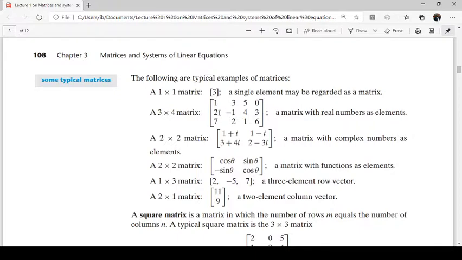This is a 3 by 4 matrix, and this type we also call a real matrix because the entries, the elements, are real numbers. This is a 2 by 2 matrix, but we call this one a matrix with complex numbers. This is also a matrix with functions, where you can see trigonometric functions. As I've explained, this is a 3-element row vector, while this is a 2-element column vector.